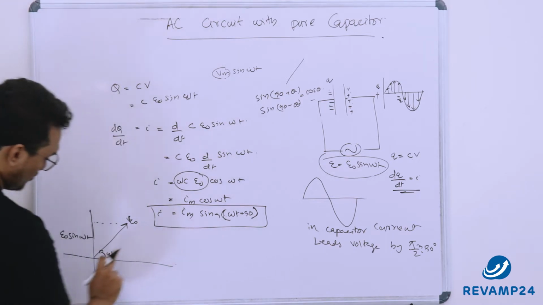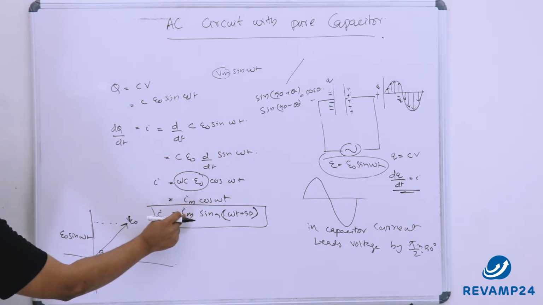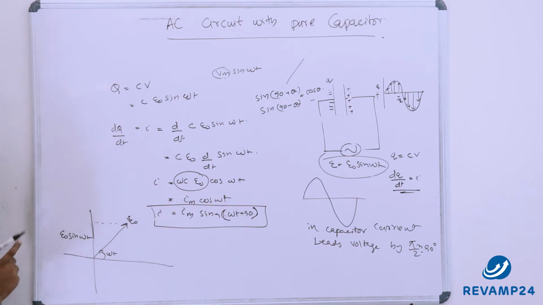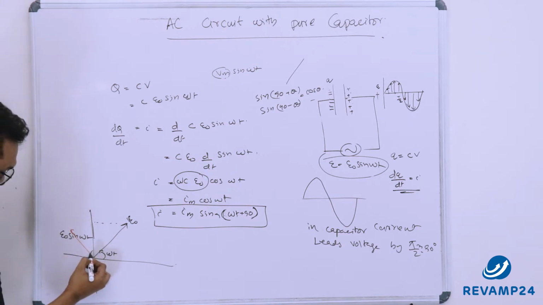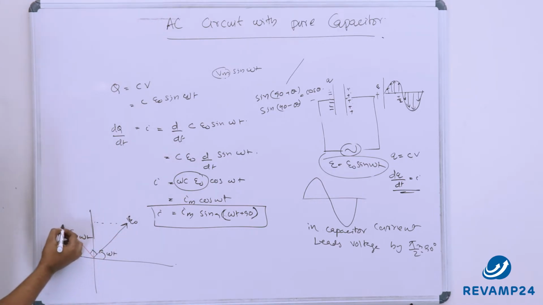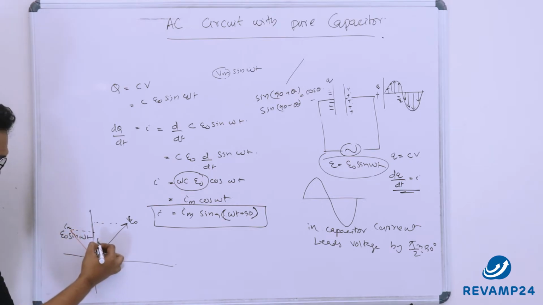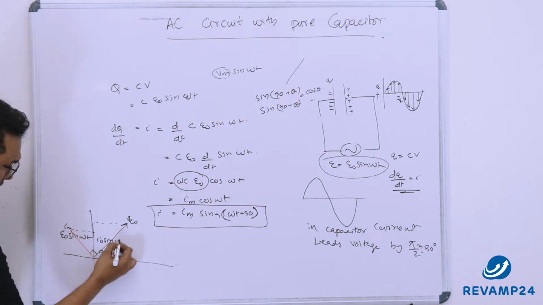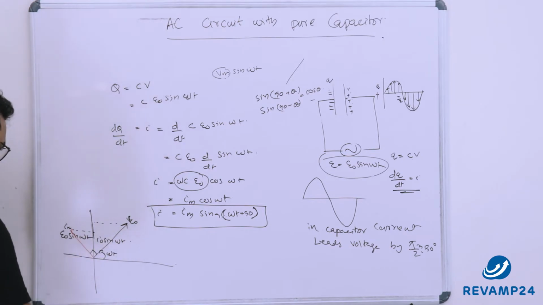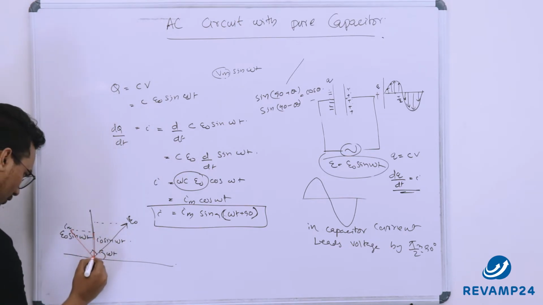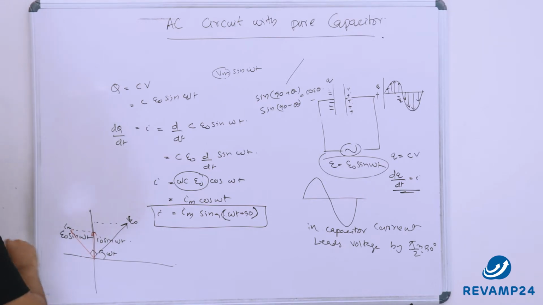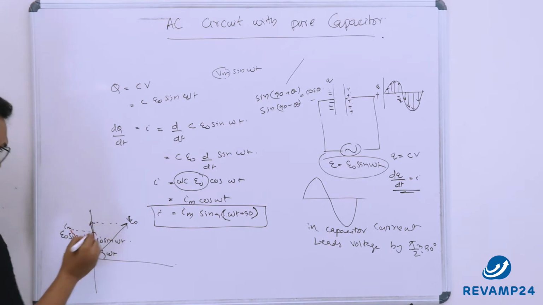Now we know that current is leading by 90 degrees, so current comes here, and that value will be 90 degrees forward from phasor E0. This is I maximum and its projection on the y-axis is I0 sin omega t. Now this is my current at any moment, instantaneous current, and this is my instantaneous voltage.